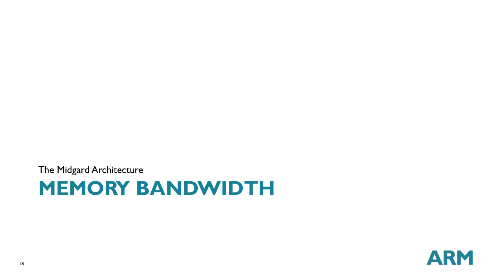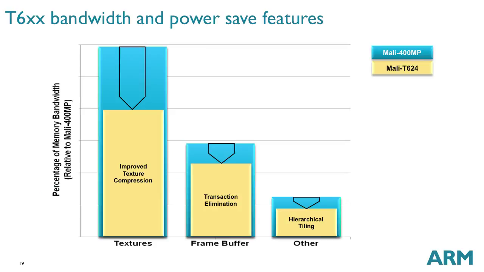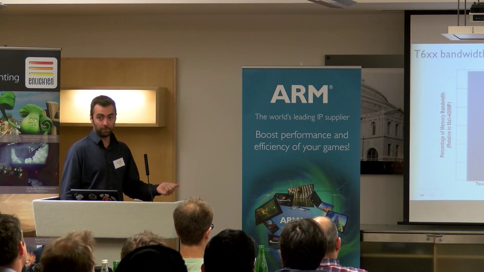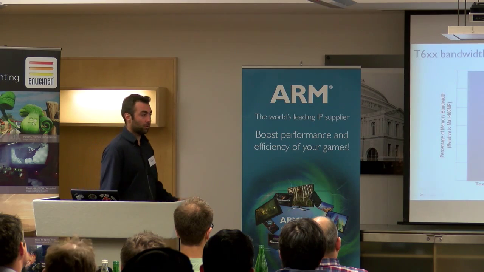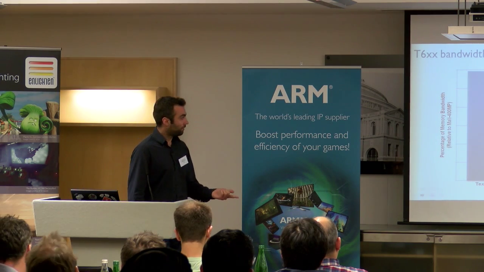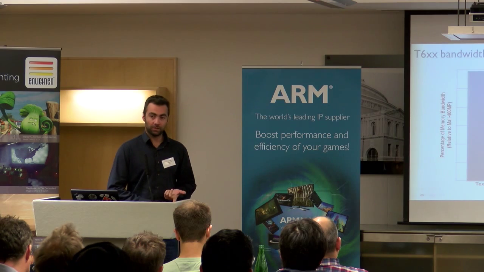Memory bandwidth is also another area where we have tried to optimize our GPUs, because this is a key limiting factor in terms of your power budget. Accesses to external memory do consume power, and also affect performance if you're in a bandwidth-limited system.